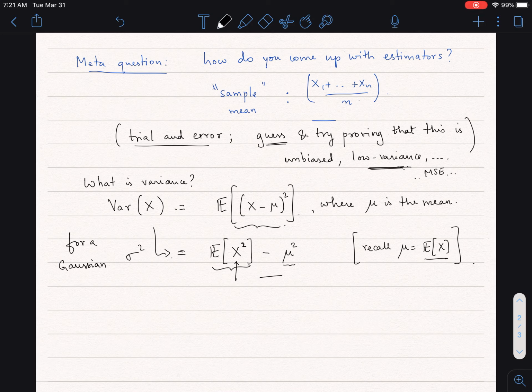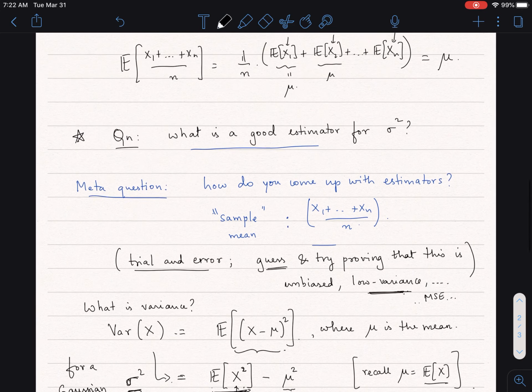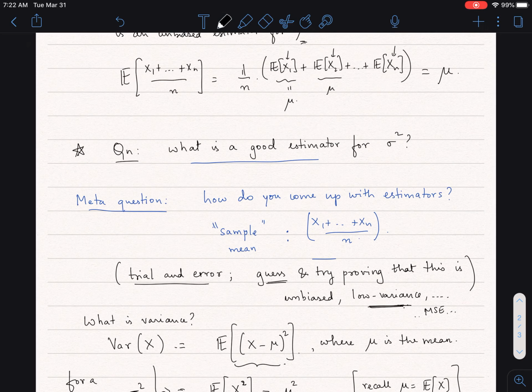Now suppose I don't know the parameters of my Gaussian and I'd like to estimate them. This formula gives us a hint for how to do it: my parameter value sigma squared is equal to the expected value of x squared minus the expected value of x, whole squared. I already know that there is a clean way to estimate expected values, which is taking the sample mean.